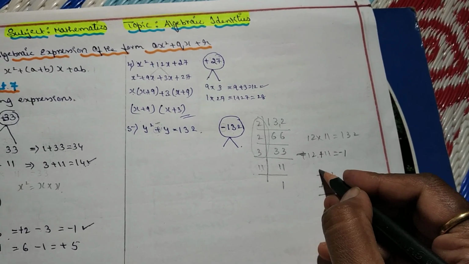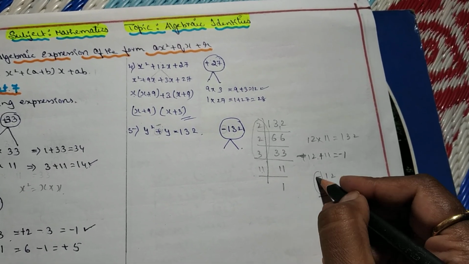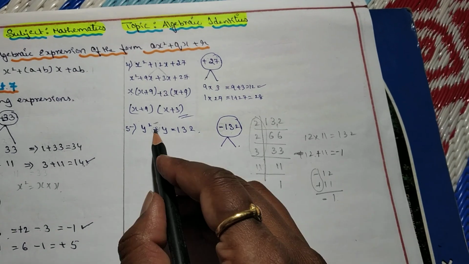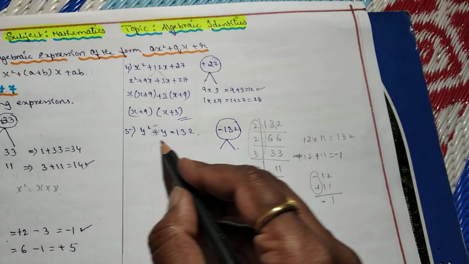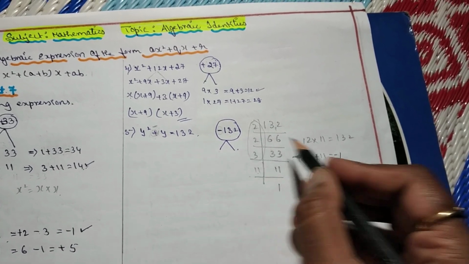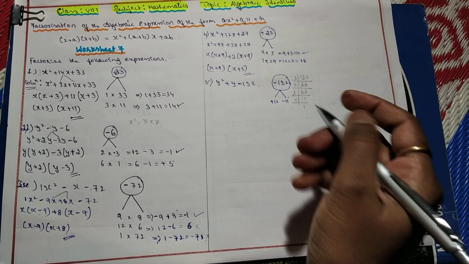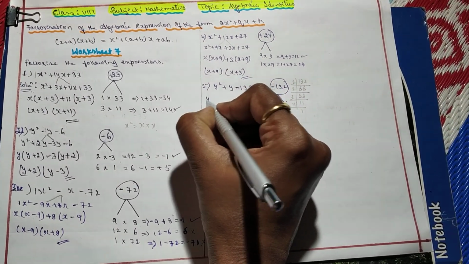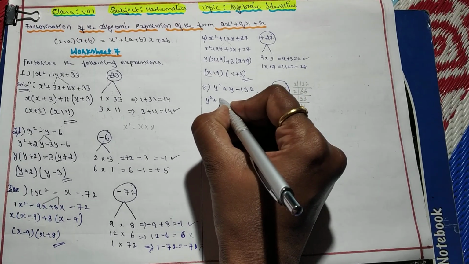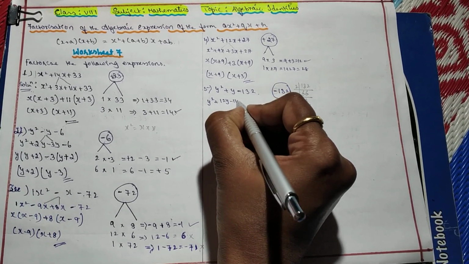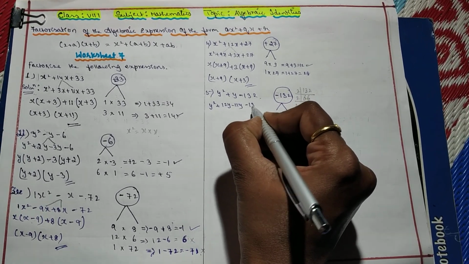Since we have unlike signs, we go for subtraction: 12 minus 11 is 1, with the bigger number's sign, minus 1. But here we have plus in the question, so I'll choose plus 12 and minus 11. So the middle term plus 1y will be written as plus 12y minus 11y, and keep the last term minus 132 as it is.